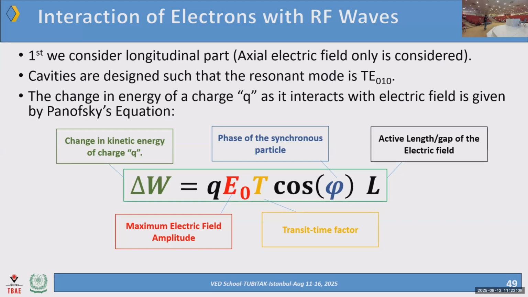Depending upon the point in time where you inject, you can feel acceleration or deceleration. If you are too late, the phase has changed, gone to the negative point, so the electric field has reversed polarity and is no more in your favor. I have a cartoon showing this transit time factor. All these things will change the kinetic energy W of the beam. Remember, we want W because we want to generate the Poynting vector. That's our aim.